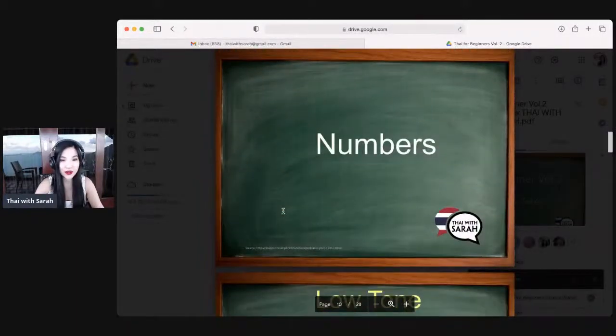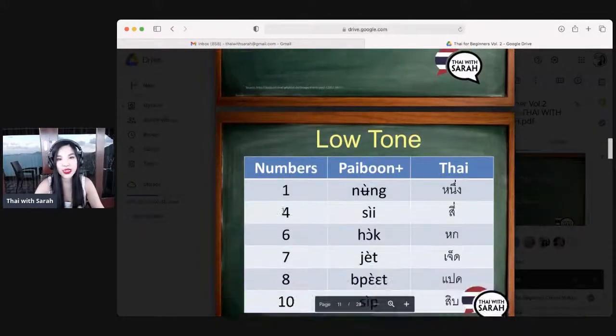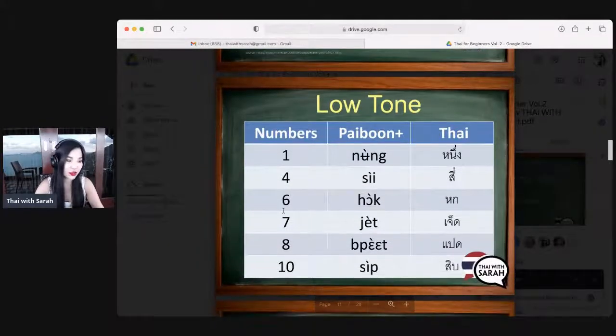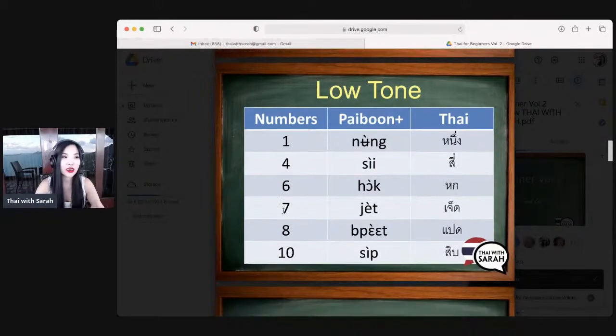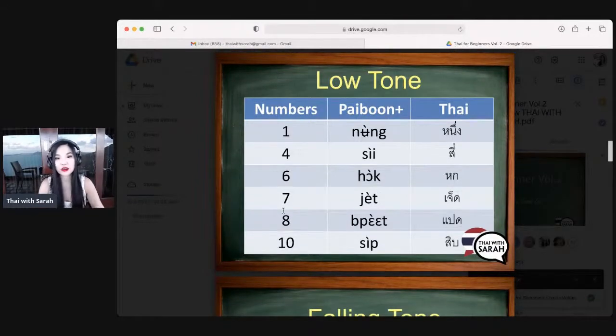Next we're going to review numbers. Like I said, a lot of people come to me and say they can do numbers in Thai. They can definitely do numbers in terms of spelling, and usually the spelling is correct, but for pronunciation, I would say only 20% of the beginners I talk to have tones that are on point.